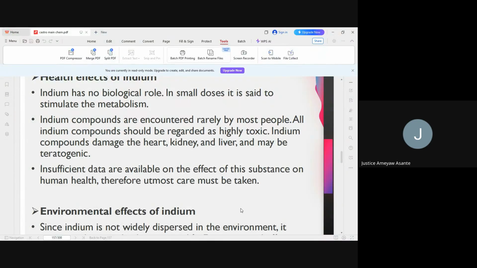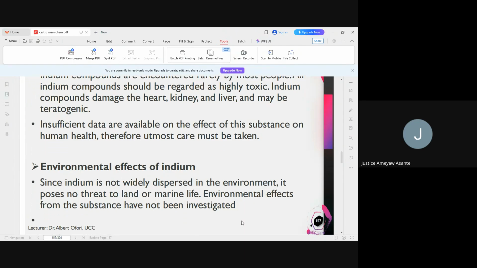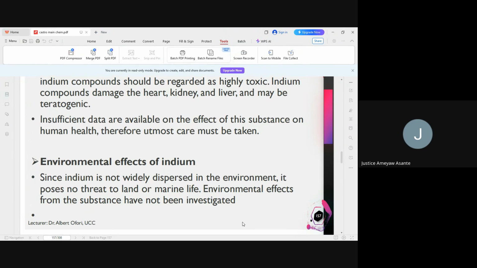All indium compounds will be regarded as highly toxic. Indium compounds damage the heart, kidney, and liver, and may be teratogenic. Insufficient data are available on the effect of the substance on human health. Therefore, most care must be taken.